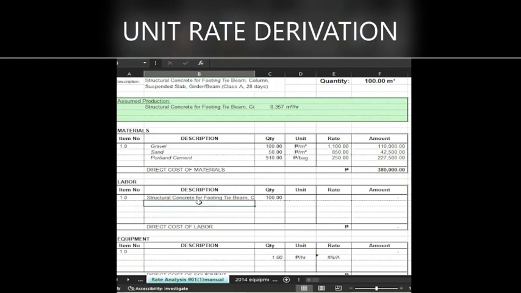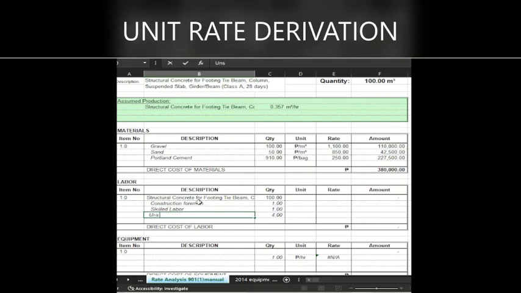So we have one construction foreman, one skilled labor, one more skilled labor, then we have four unskilled labor.